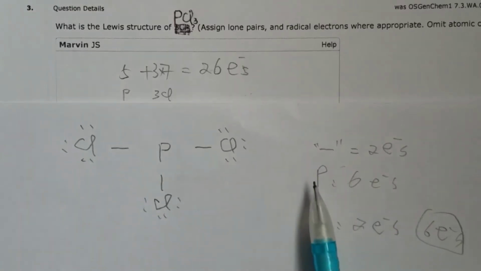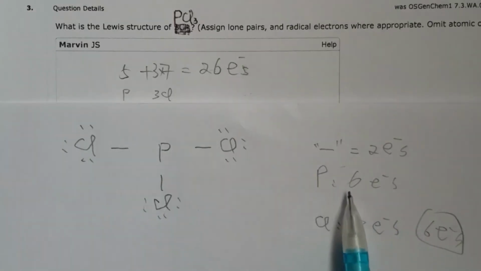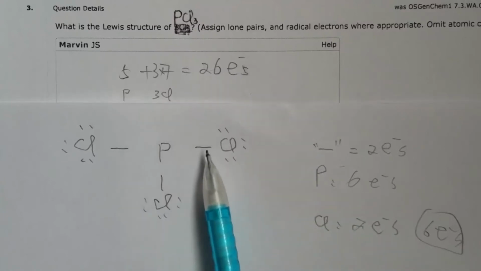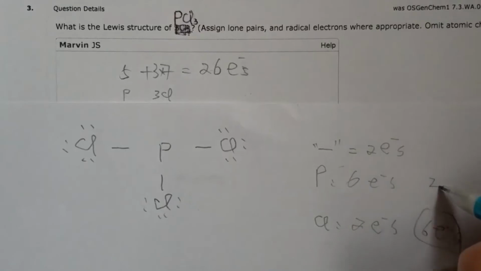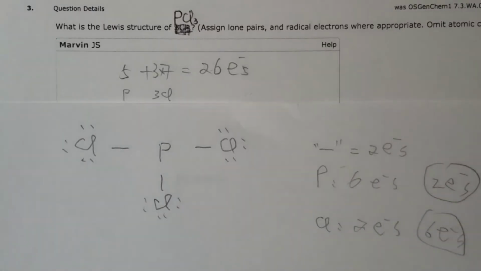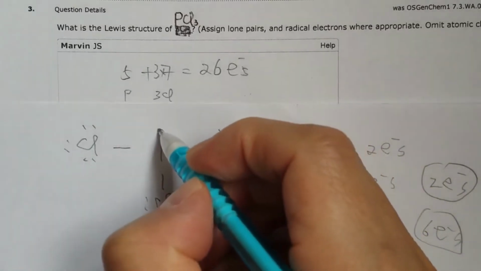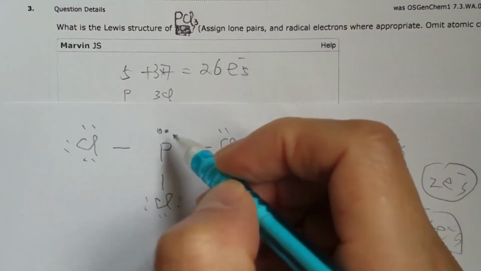Now let's take a look at phosphorus, the central atom. It already has 6 electrons surrounding it. It will need 2 more electrons to satisfy the octet rule. So 2 electrons, 1 pair.